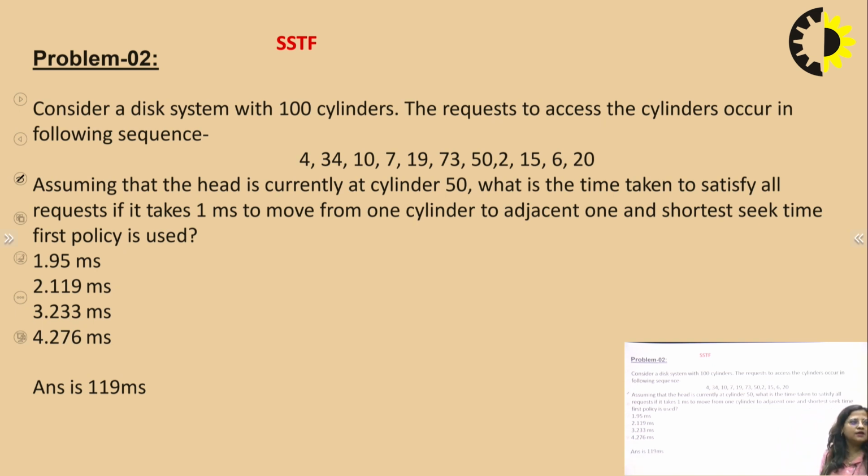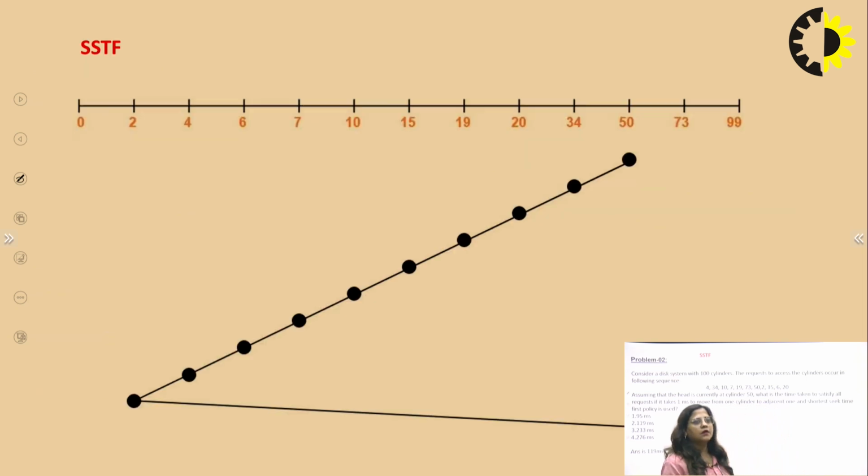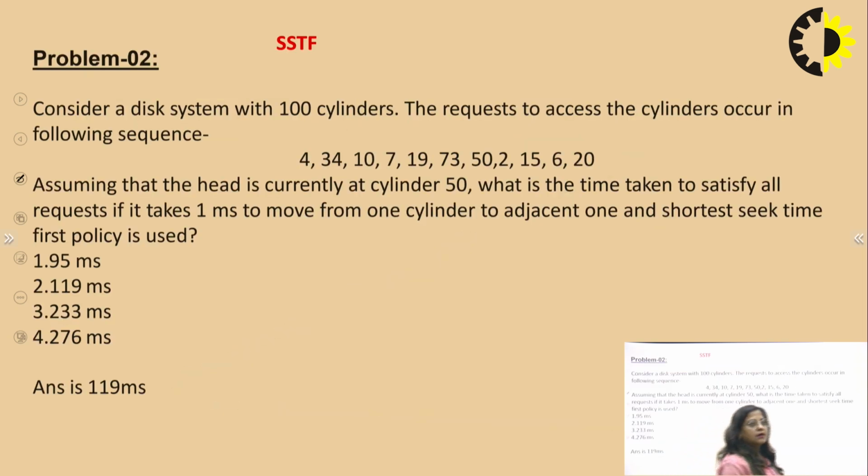And this is the question, you can easily find out like this, simple. Consider this is the second question of this SSTF. Consider a disk system with 100 cylinders, means you have 100 cylinders, the start is 0 and the end point is 99. The requests to access the cylinders occur in the following sequence. These are the sequence of sectors where we want to access or store data.